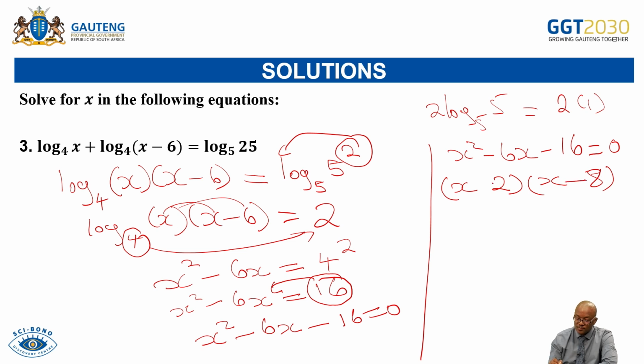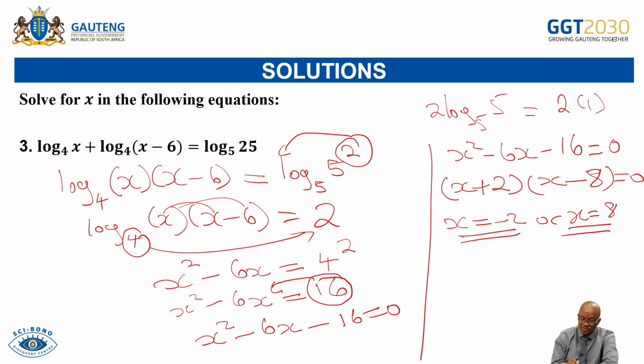So this one is going to be negative, this one is going to be positive, then x is going to be negative 2, or x is going to be positive 8. We can also test which one is going to be suitable for this equation.